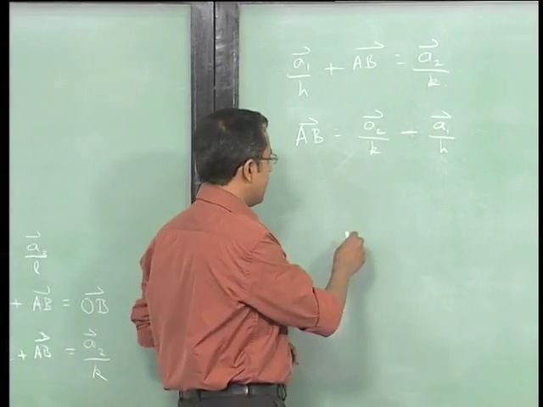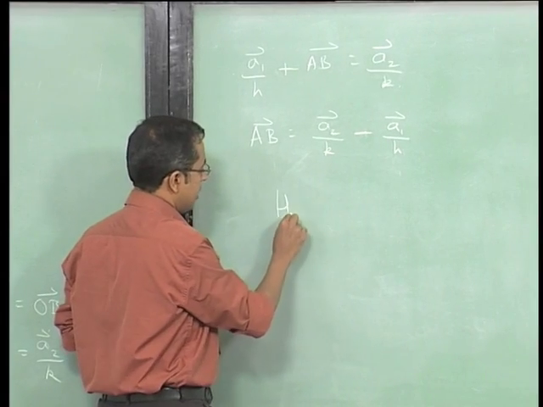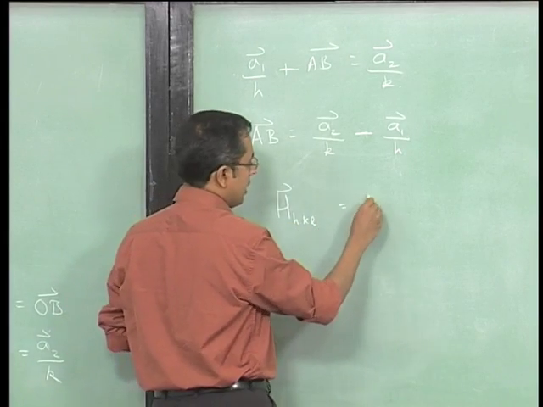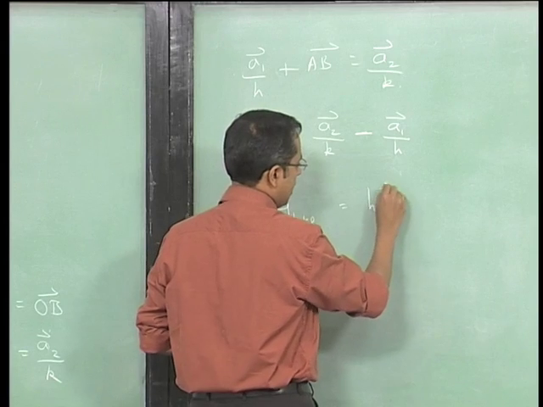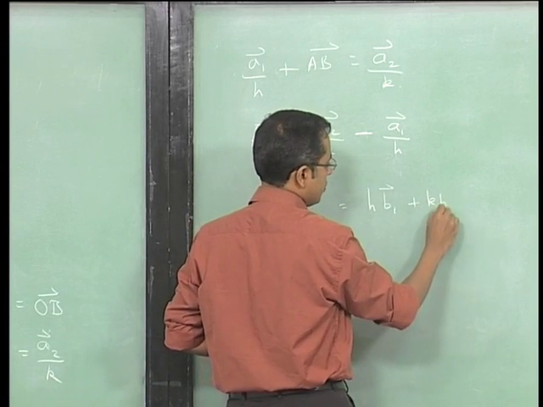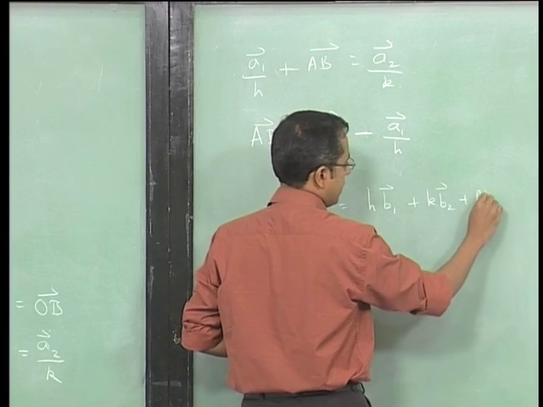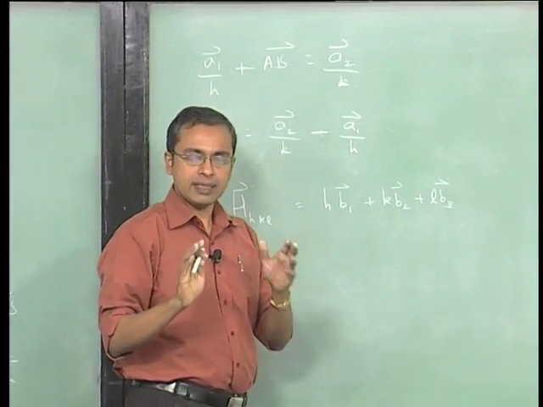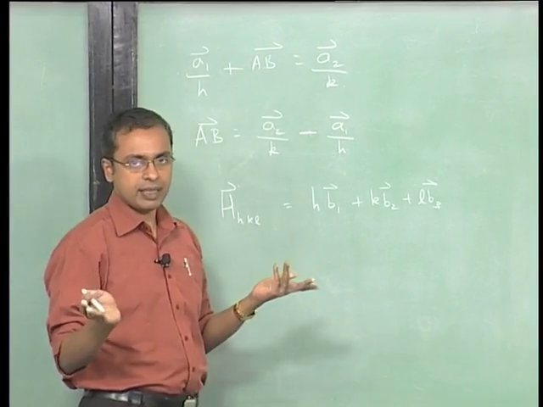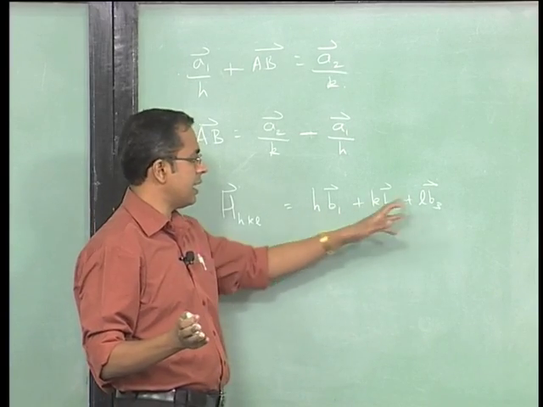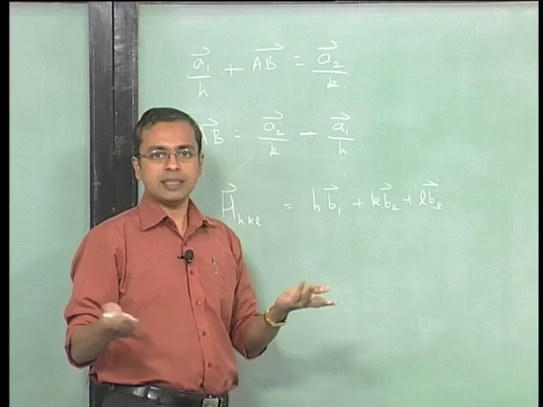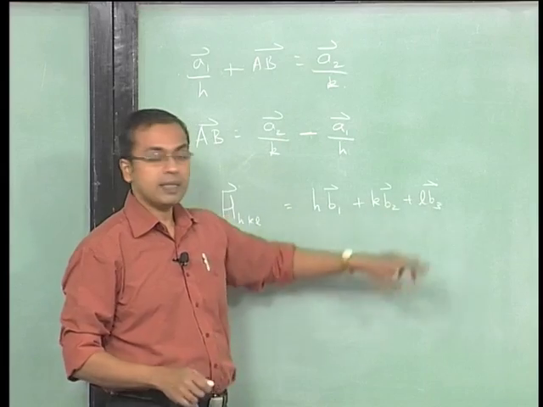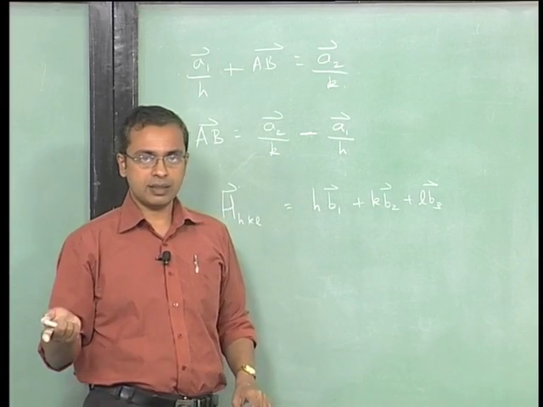We already said that if you take a vector HKL, we are defining it based on this notation as HB1 plus KB2 plus LB3. So H, K and L are simply integers. So this is some vector in reciprocal space. As long as they are just integers, you can use them in whichever space you wish. B1, B2 and B3 are reciprocal lattice vectors.